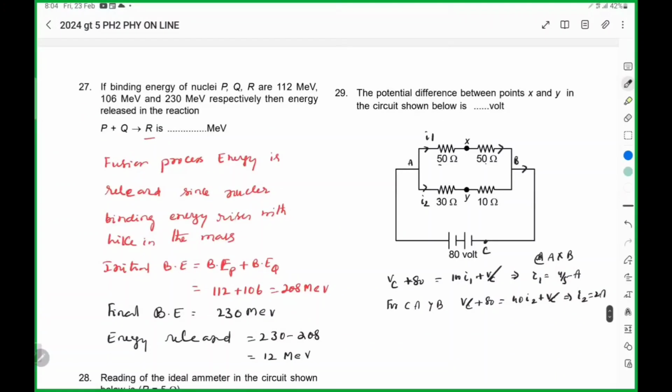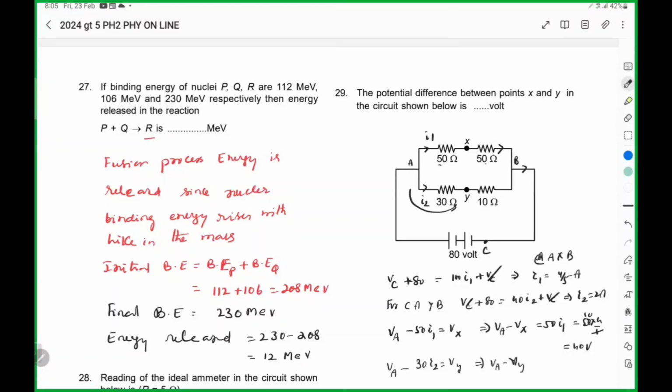Now to find out potential difference between X and Y, VA minus 50 I1 is equal to Vx. That is, potential drop across the resistor is this. I1 is 4 by 5, that is 40 volts. Similarly, VA, if you take this path, VA minus potential drop across this will be Vy.